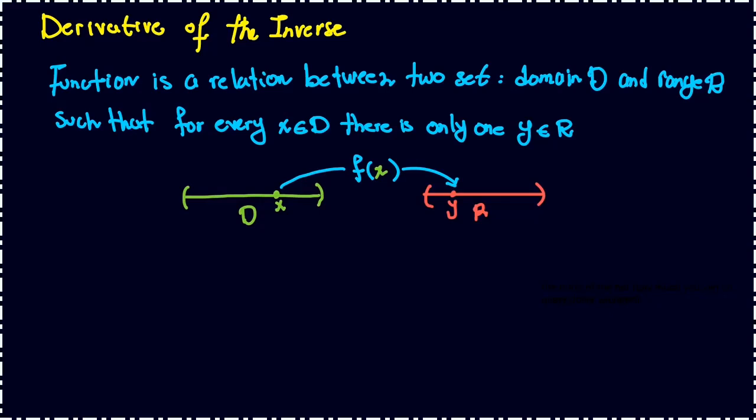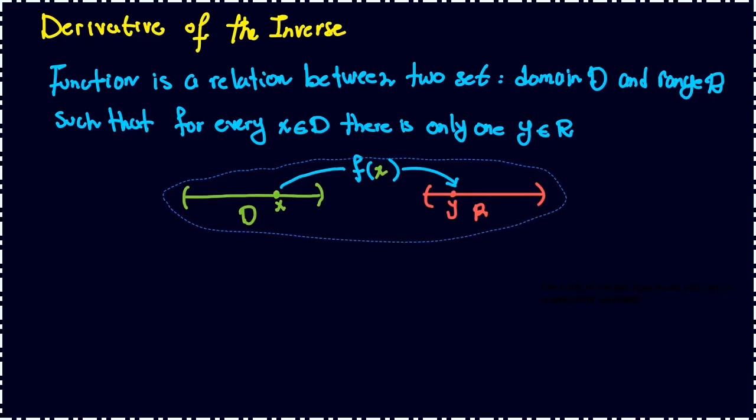So, for example, you can ask it what time of the day it is. It's going to tell you it's 12:55 p.m. It can't tell you it is 12:55 and it is also 1 p.m. That's just logically nonsense. So that's what a function is.